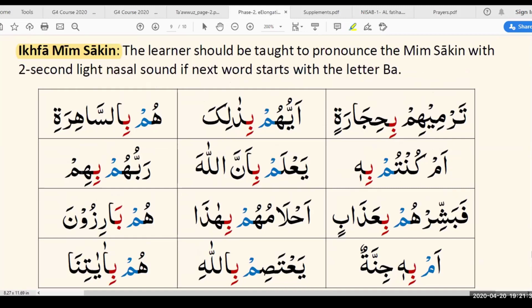There are 2 kinds of idgham, with and without ghunna. The 4 letters that are idgham with ghunna are noon, mim, ya, and waw. And without ghunna is lam and ra. So if you can please read.